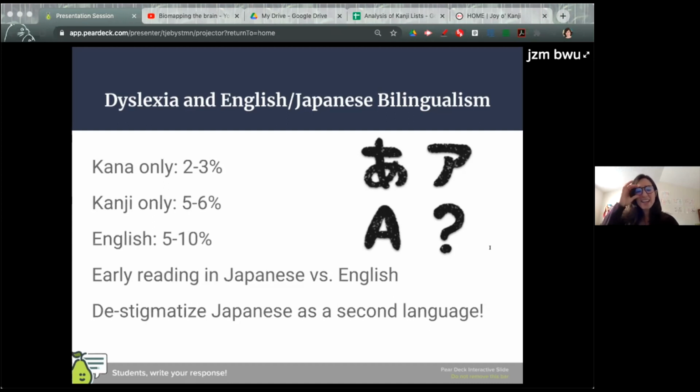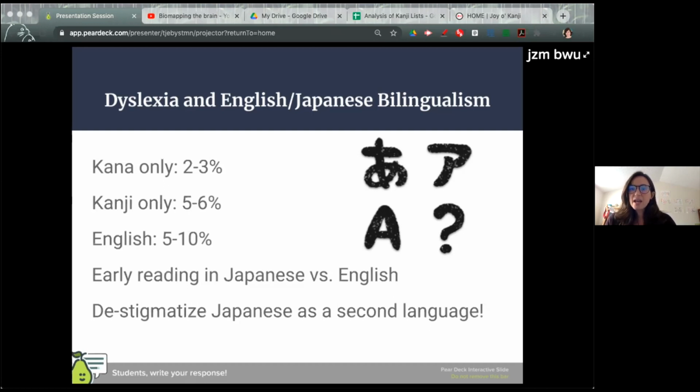Even when you add in kanji for slightly older children, in native speakers of Japanese, symptoms of dyslexia only appear in 5 to 6% of readers. So this is really interesting to me.